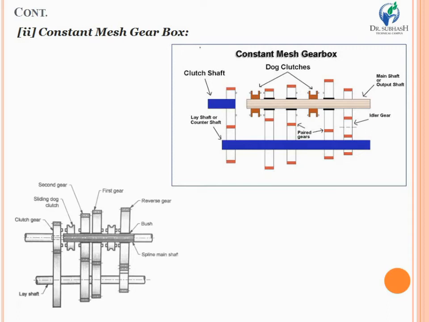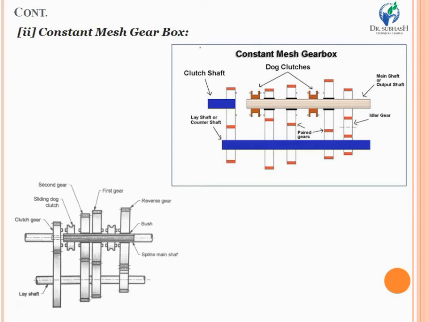Generally, two dog clutches are provided on the main shaft. One is between the clutch gear and the second gear, and the other is between the first gear and the reverse gear. So two dog clutches play a vital role in power and torque transmission, for the meshing of the gear pair. Dog clutches can slide on the shaft and rotate with it, while all other gears on the counter shaft are rigidly fixed on the respective shaft.